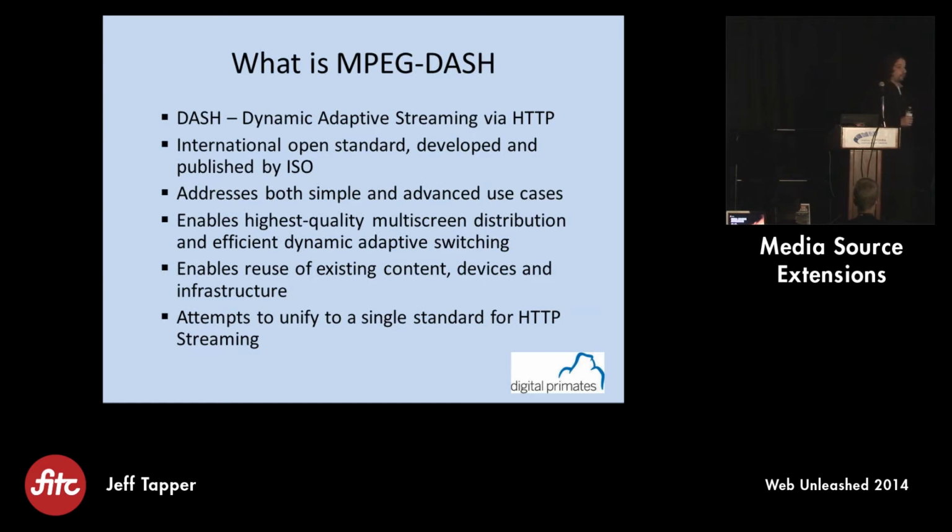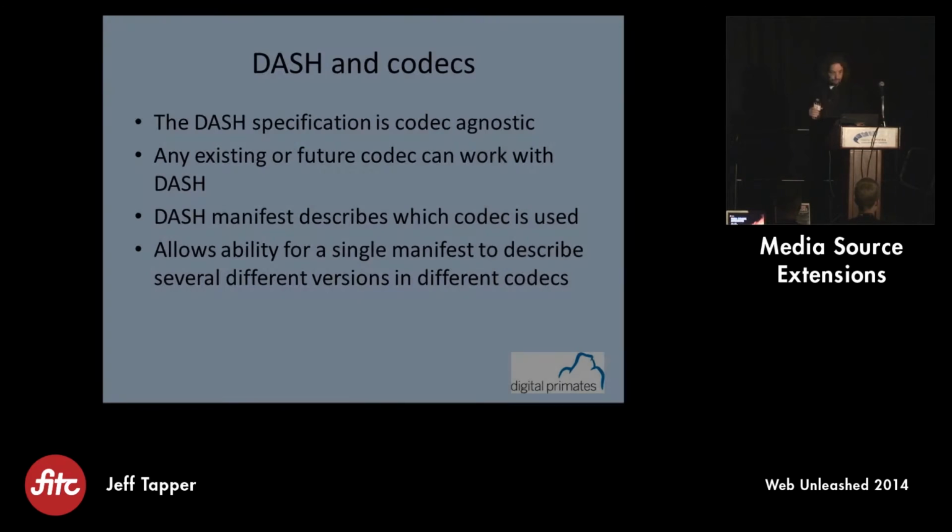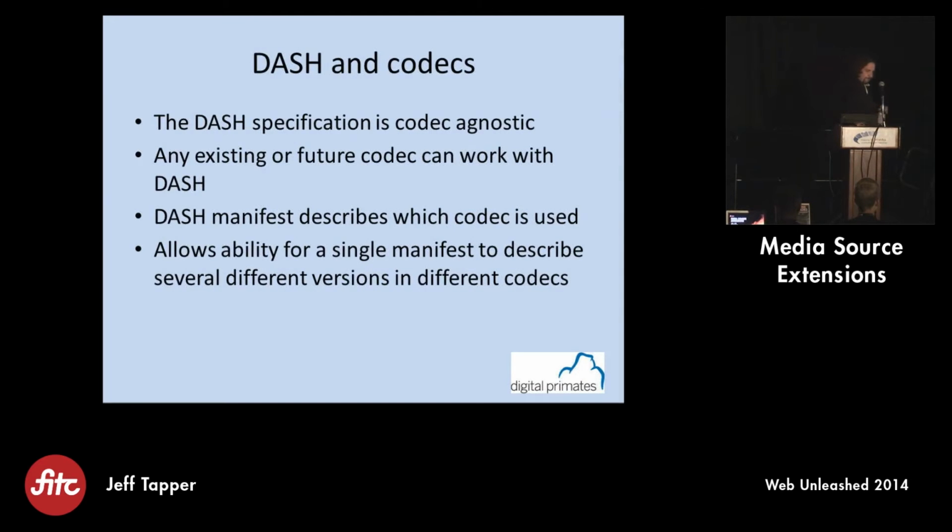And the goal of Dash, the final bullet point here, is to try to give us one unified standard that will work everywhere. And we're not beholden to any one company to use it. So, while today Smooth and HDS and HLS are all built specifically around H.264 as a codec, Dash is codec agnostic, meaning it doesn't care.